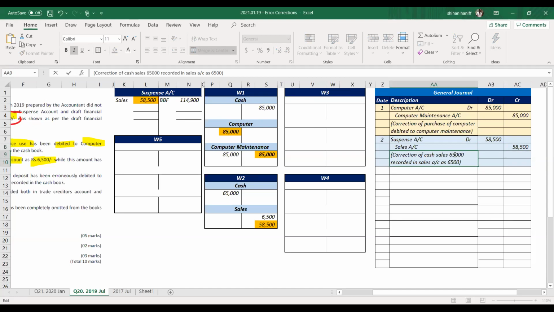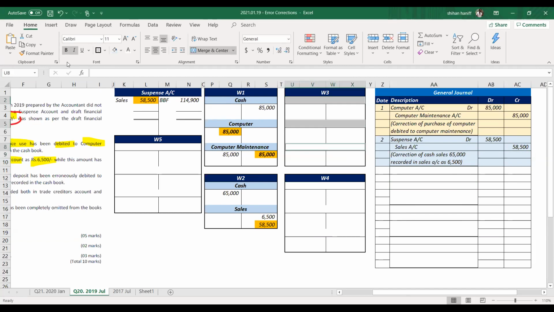Correction of cash sales 65,000 recorded in sales account as 6,500. That's number 2. Working number 3, or the error 3.